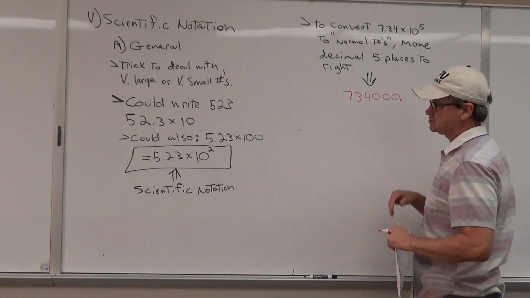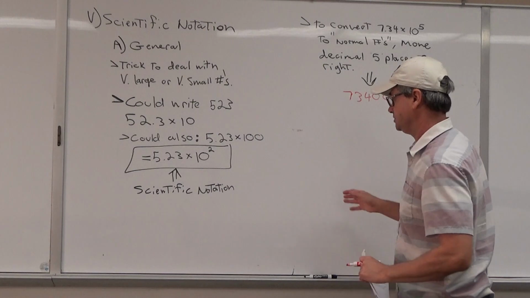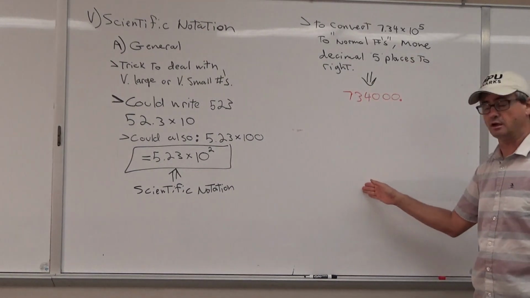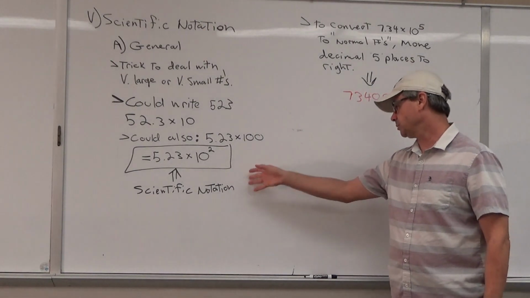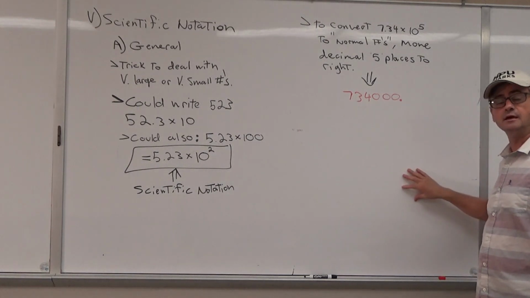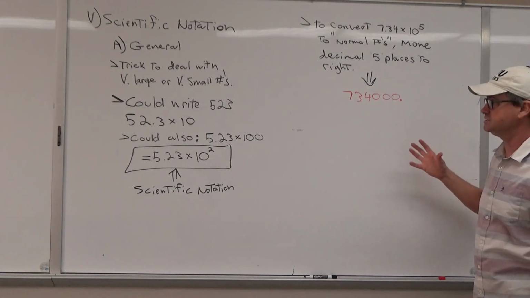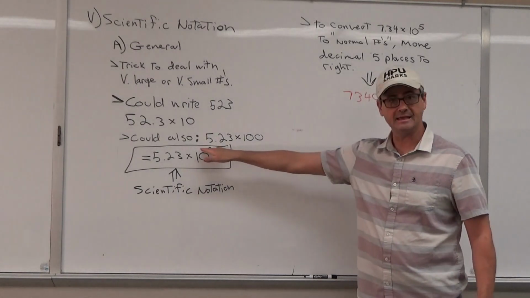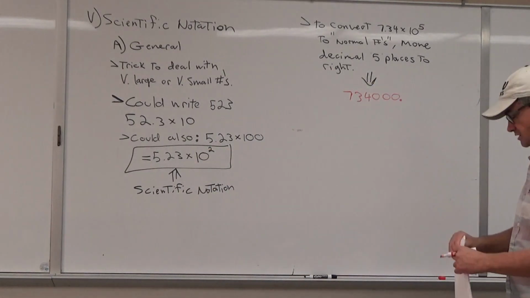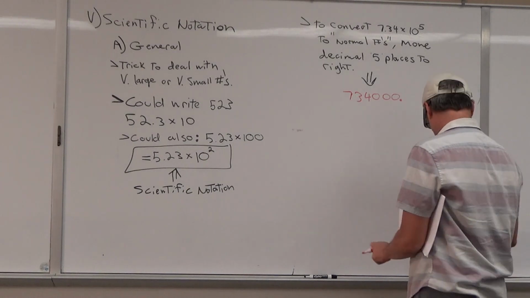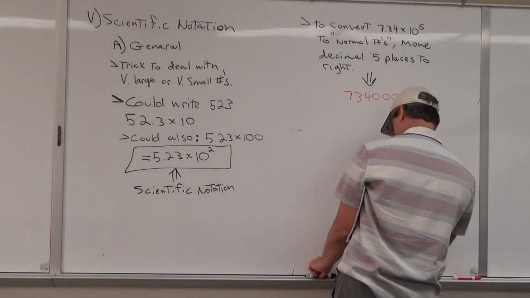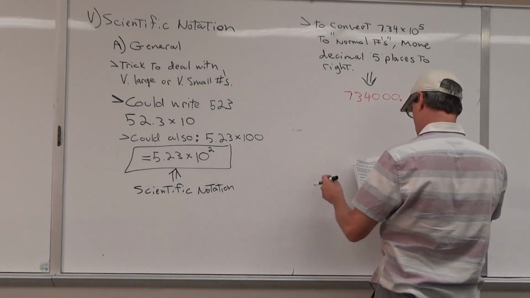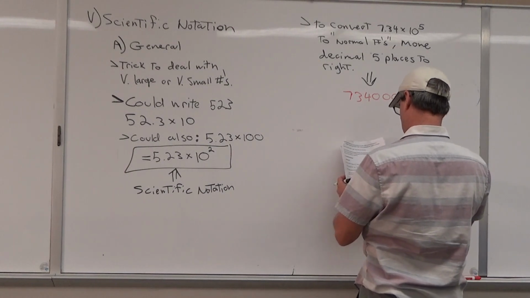Now, what if it's a very, very tiny number? It's a number with a whole bunch of zeros in front of the digits. So decimal place, bunch of zeros, and then the actual digits. Well, you can express it the same way. You just use a negative number on the exponent to the 10.